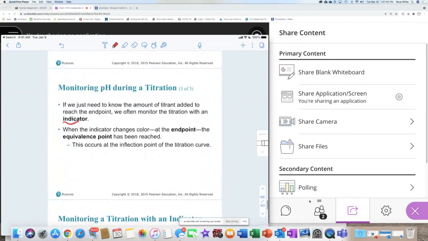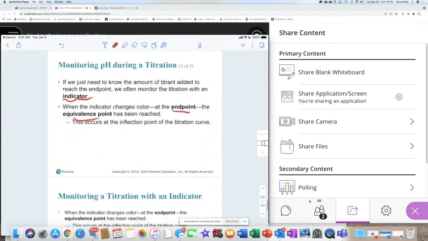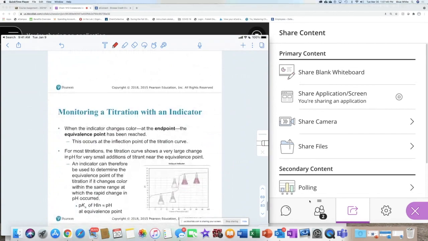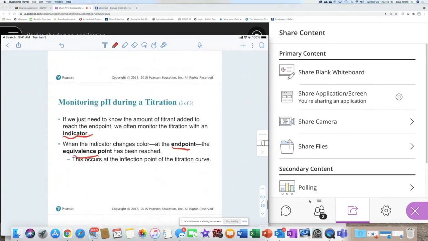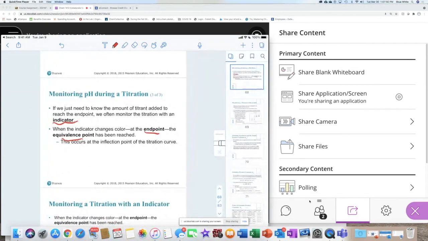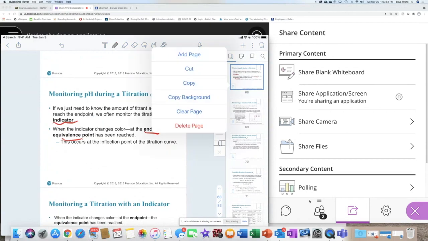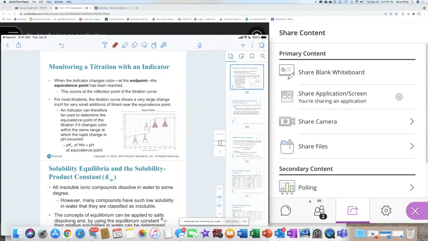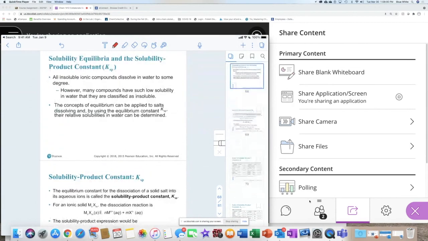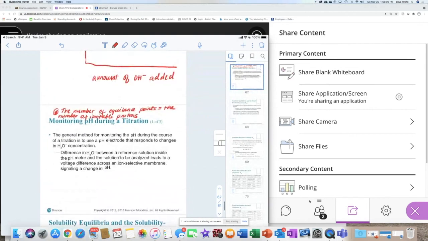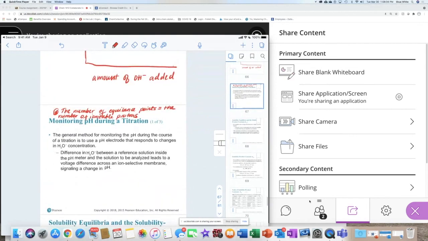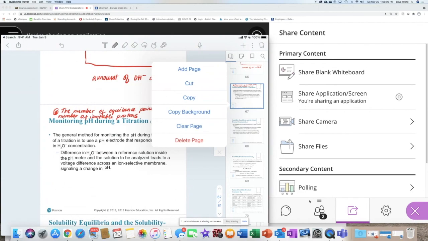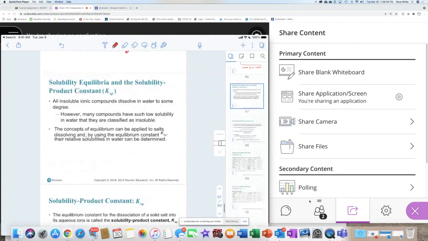I've talked about the indicator, the endpoint, and the equivalence point. To prevent me from getting caught up in these slides, I'm going to delete this page. So when I come back, I know to start with this page.